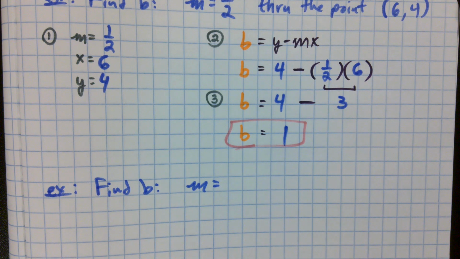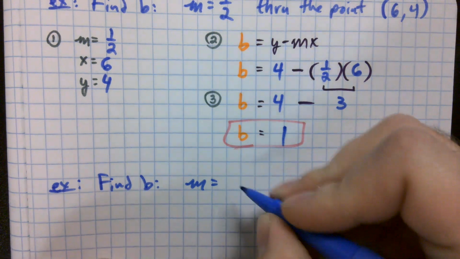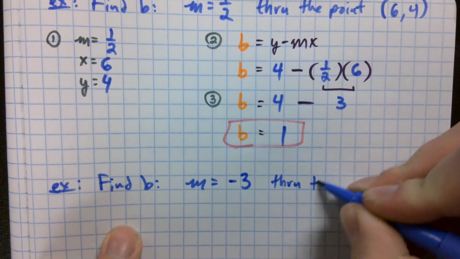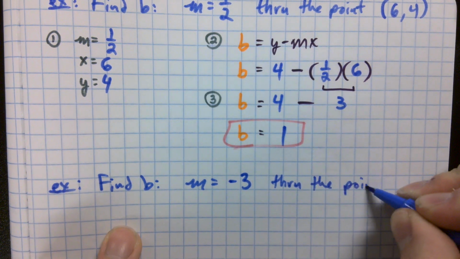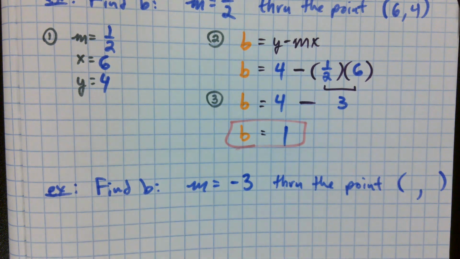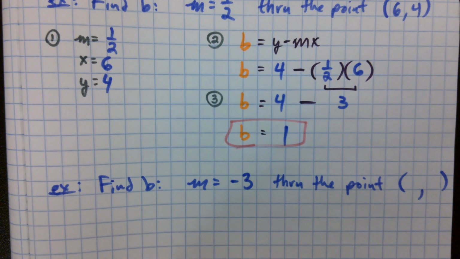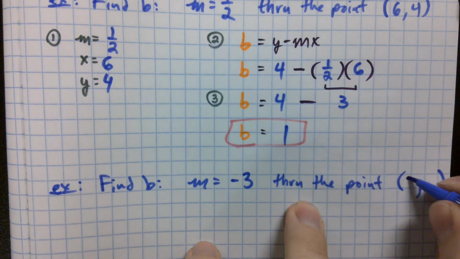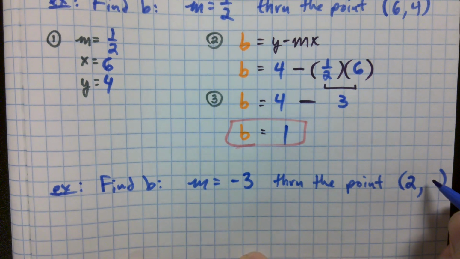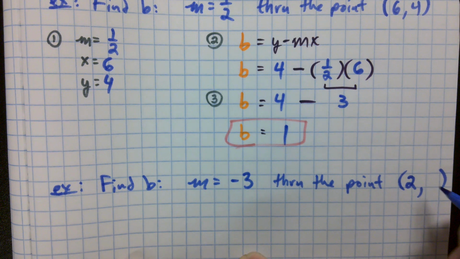Let's say our m is -3. And we're going through the points 2, comma, you said 5?